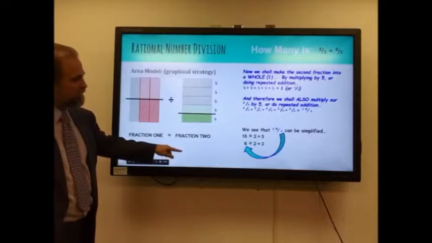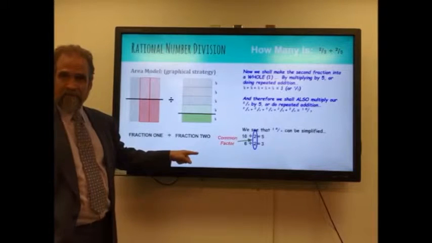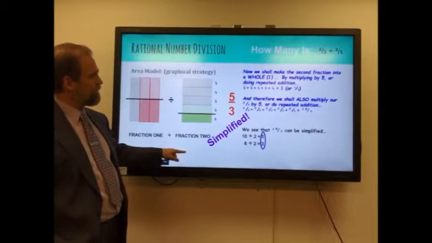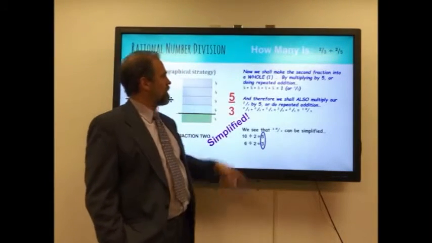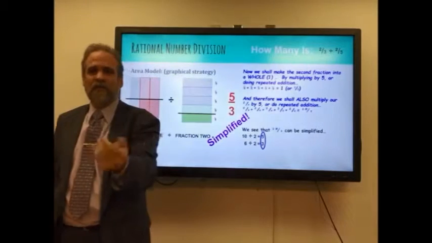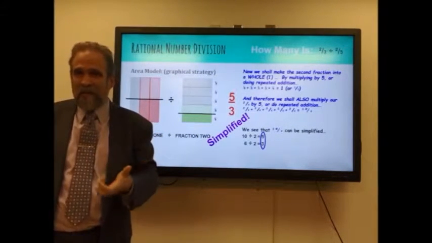So 10/6 could be written as 5/3 by dividing by the common factor. So I've got a simplified statement of 5/3. 5/3 corresponds to 1. So 5/3 is in every 1 partition. That's what it's saying to you. That's why this method is explaining what division is.